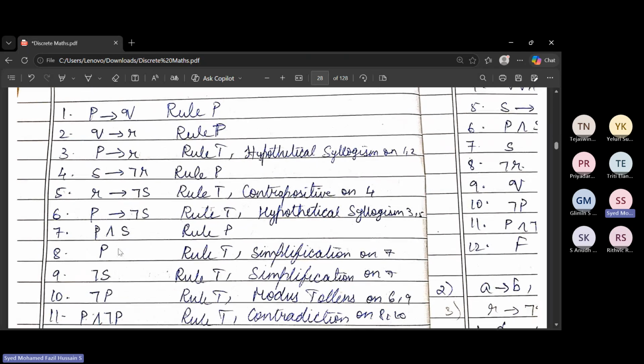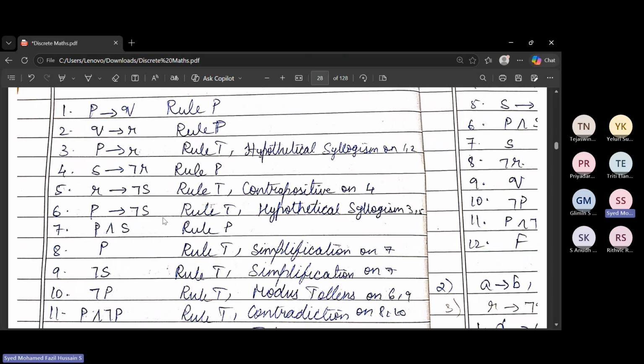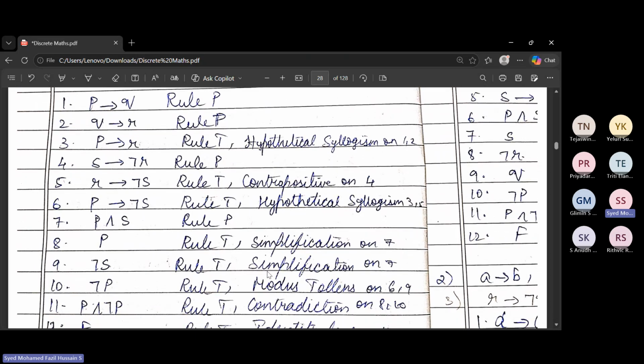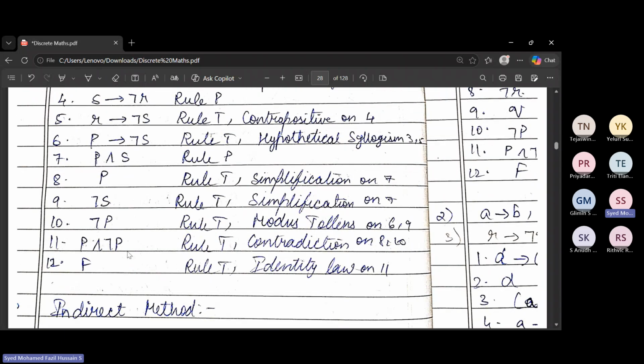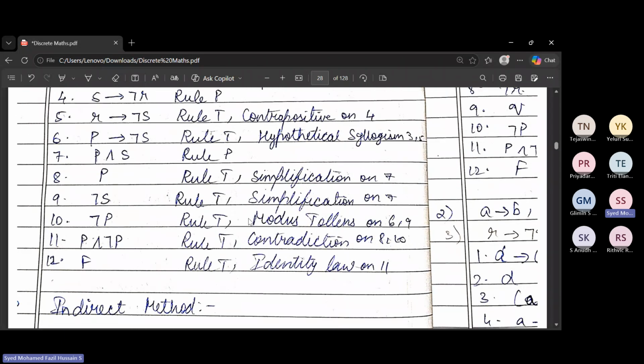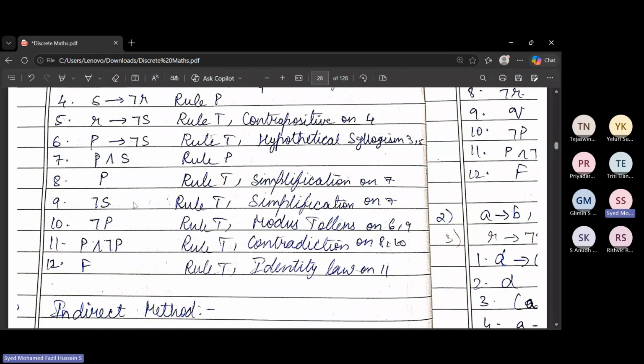If P is true and the sixth one, that is not P, is true, then we must say that not P is also true by modus tollens of 6 and 9. So we finally have both P and not P. If we try to add it, it will finally give what?